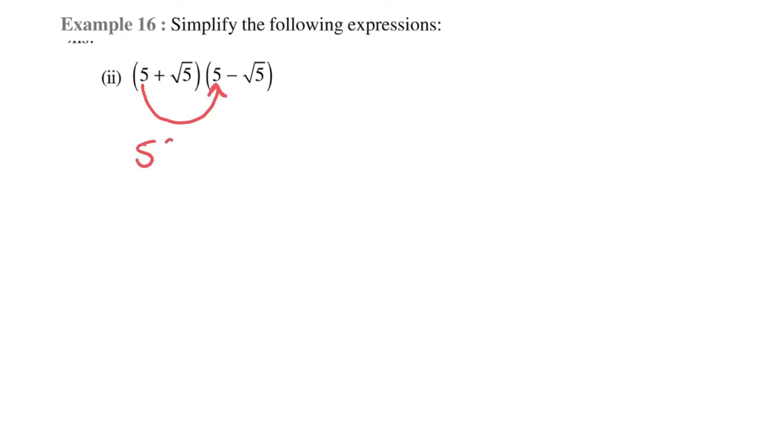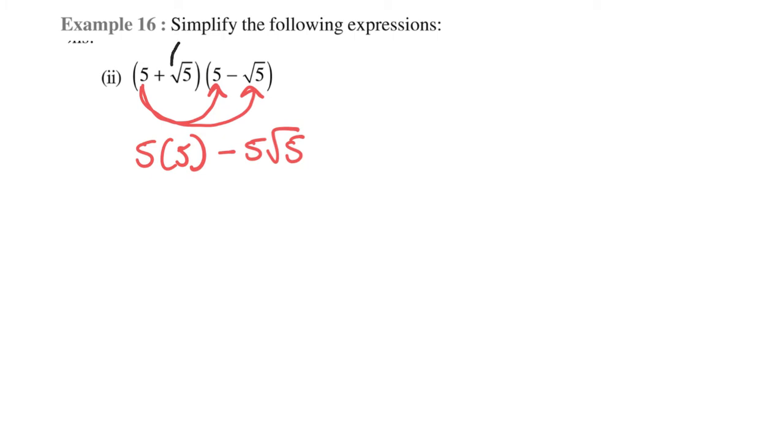Let's write it down like this. Then 5 times minus root 5 is minus 5 root 5. So we are done with 5. Now let's go on to the second term, square root 5. And we are going to multiply every single term of the second bracket.